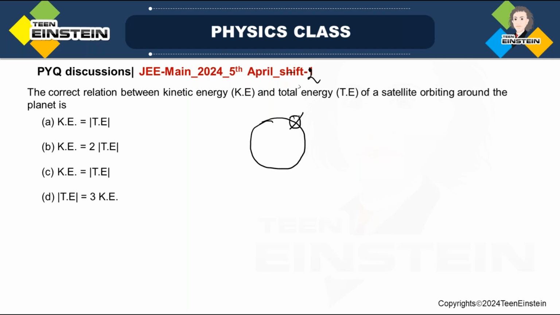Okay, satellite, it is orbiting. Suppose this is the orbit, so this is the radius of the orbit, and there is a planet here.